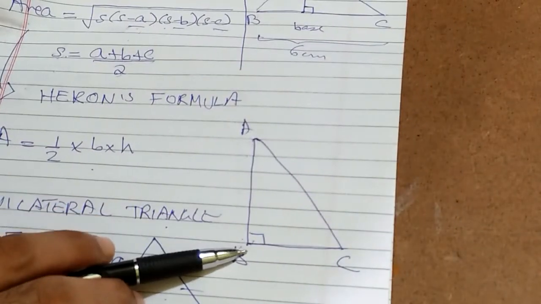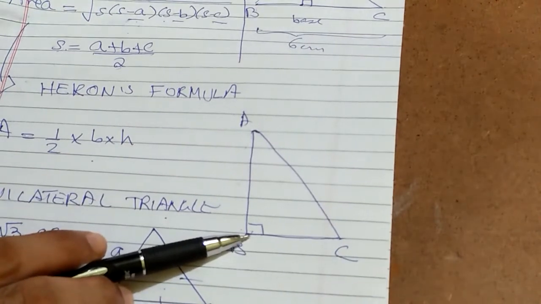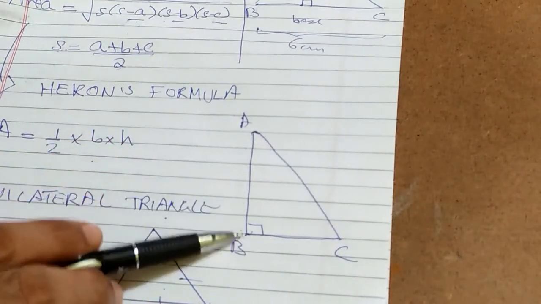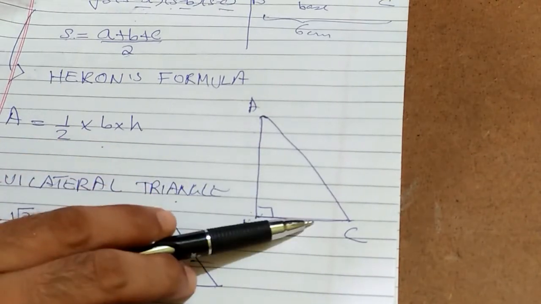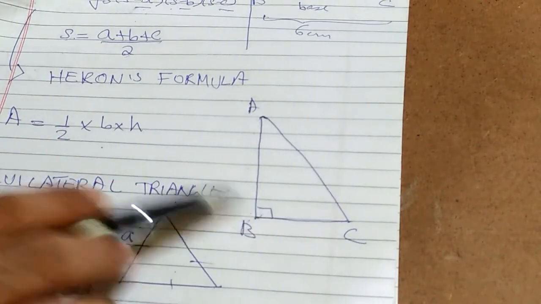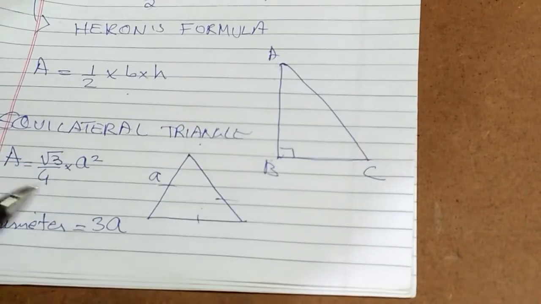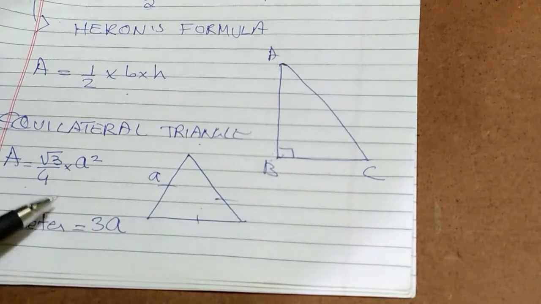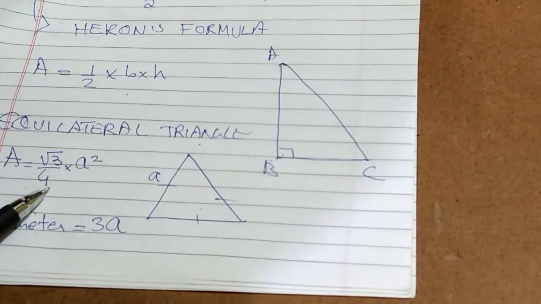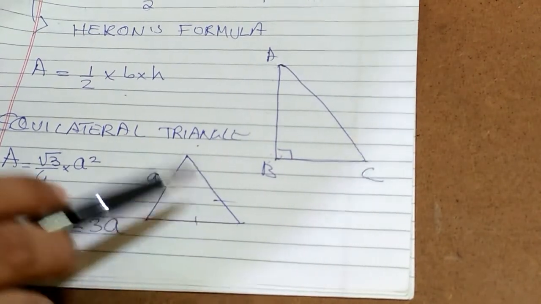Coming to right angle triangle, we apply the general formula half base height here, and here we see that height, the side itself is height, so it's very easy. You multiply the two sides, which have 90 in between, and divide by half. Equilateral triangle, put in a very short way, I have not explained the derivation here, is root 3 by 4 into a square, where a is the side of the equilateral triangle.